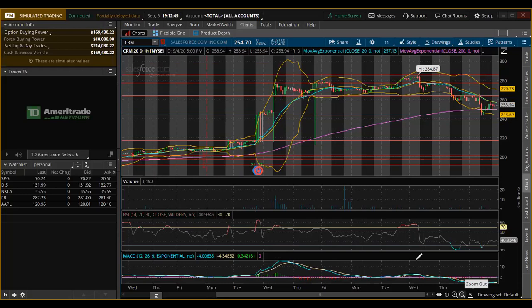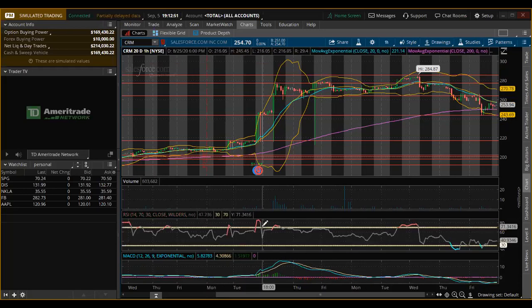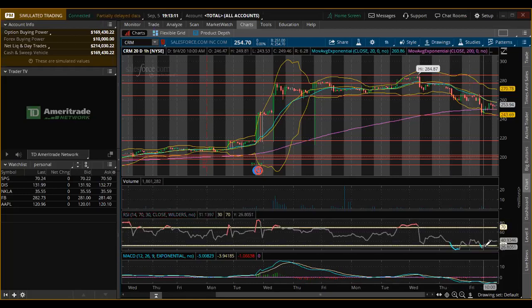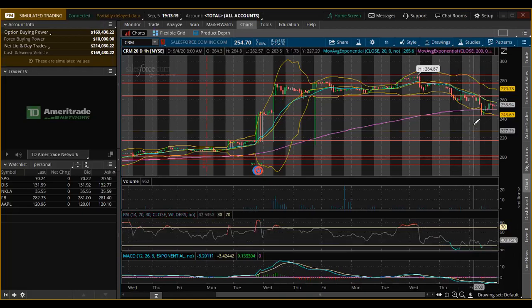If you look down at your RSI, you'll see that it was overbought. Once it hit 70, overbought meaning it's going to probably fall eventually because too many people bought into it. And then if you look over here, it's oversold. This is how I played Tesla this week when I got in on lows and wrote it up some.